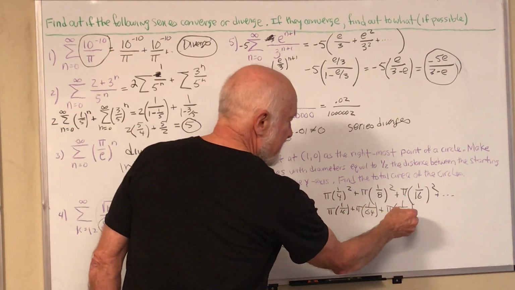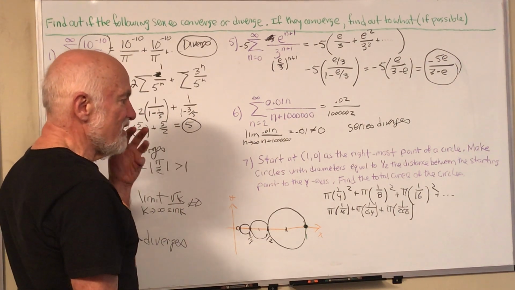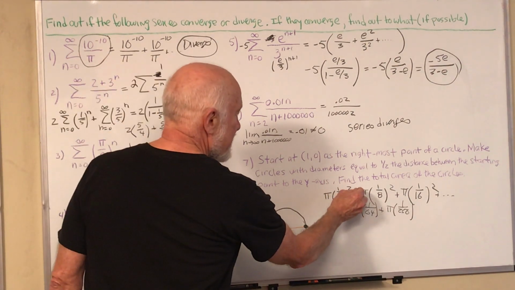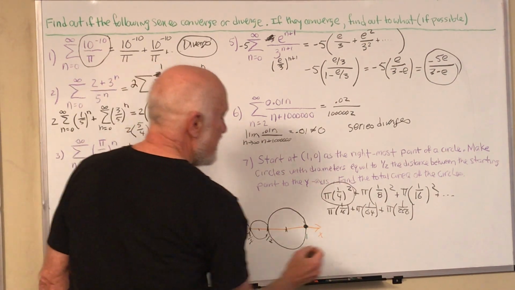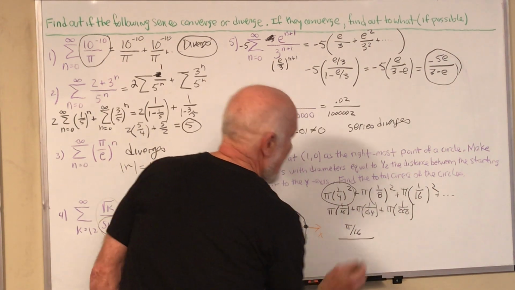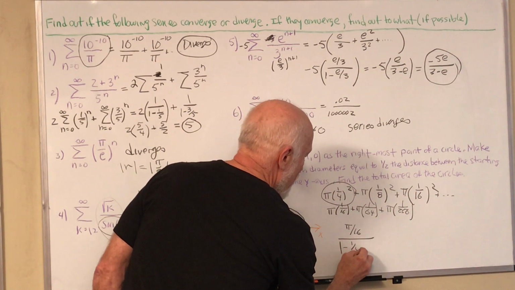The same thing here. So this is a geometric series, and the first term is 1/16 pi, and r is 1/4.